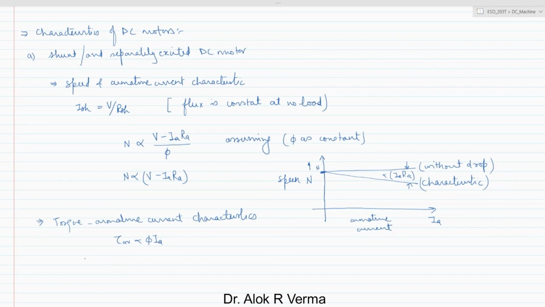Here in the shunt or separately excited DC motor, the field current is constant, which is V by RSH. It means that flux is constant, with the assumption that there is no armature reaction effect. It will be slightly reduced if we consider the armature reaction, but still it will be constant. So the average torque will be proportional to the current.